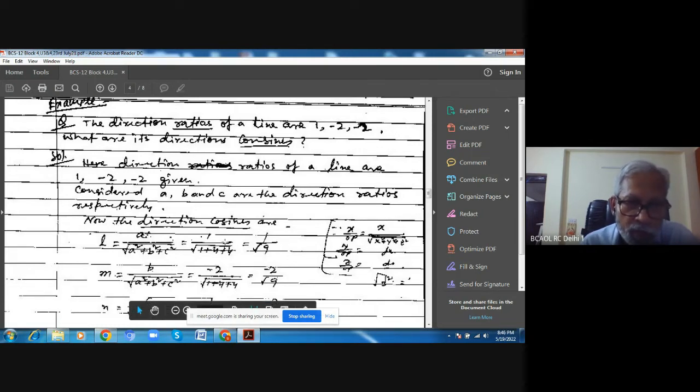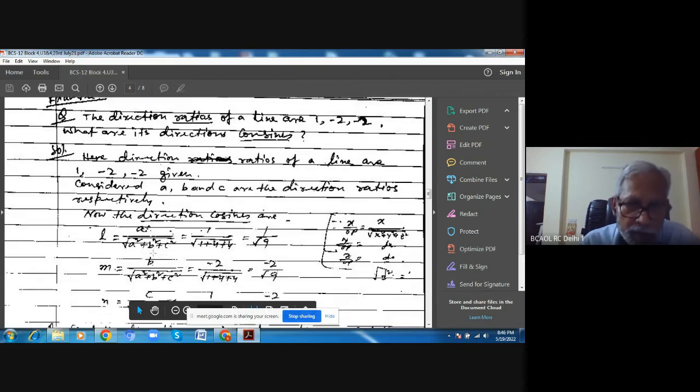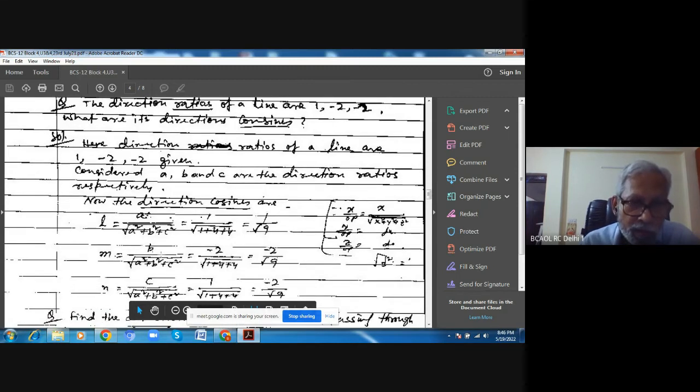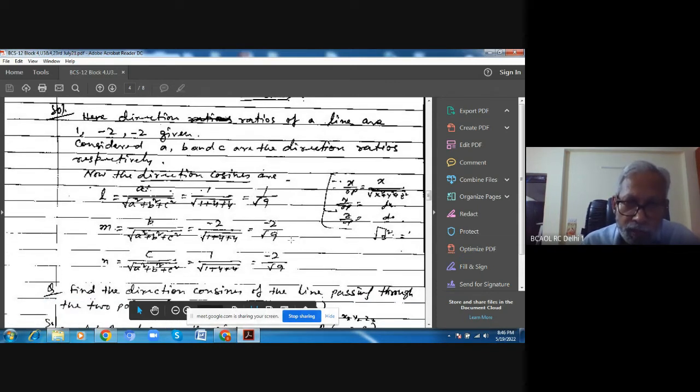It's common. a, b is like this, and the value has changed, and the lower portion is the same as it is. So the values are given as l, m, and n. The cosine ratios are coming. So this is the answer of these things. These things you have to do, only based on this formula.